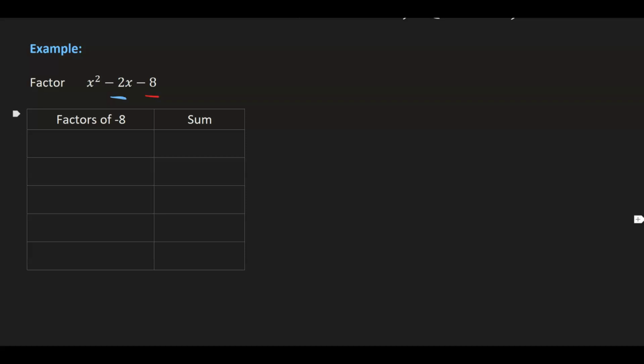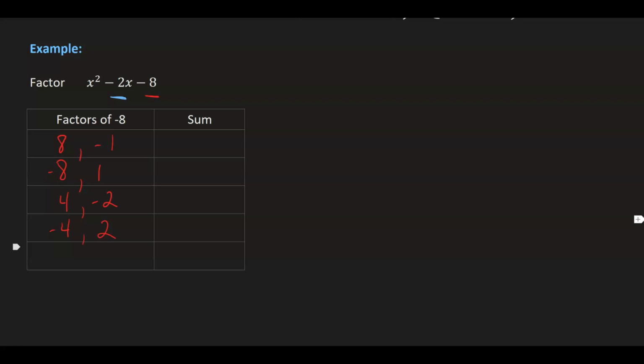In order to have a -8, we must have one value positive and one value negative. So it's going to be 8 and -1, or -8 and 1, or let's see, 4 and -2, or -4 and 2. And that's it, right? Because that's all of them.